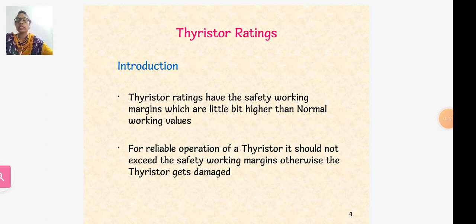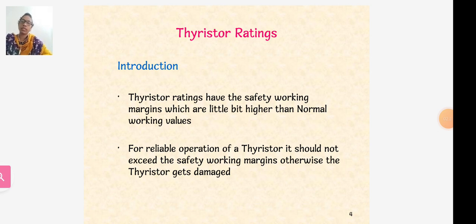After complete testing of a particular device, manufacturers prepare the device specifications. It specifies critical values of different parameters and the safe operating regions of the device. SCR ratings are classified into mainly three types.